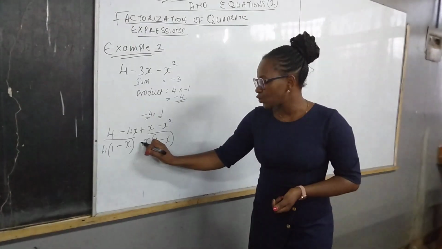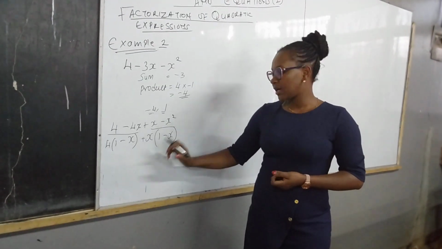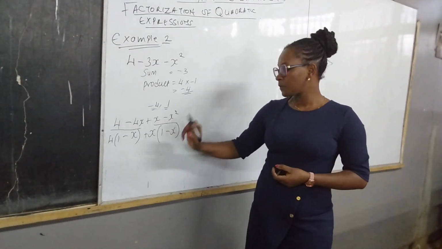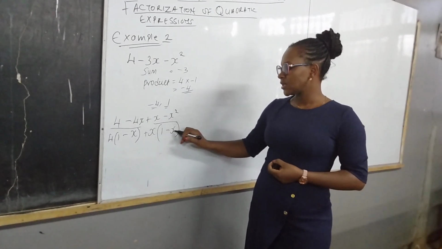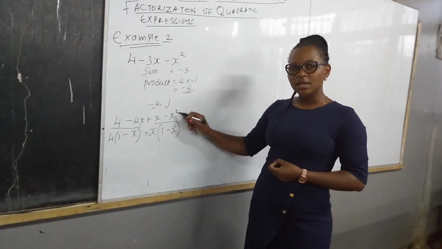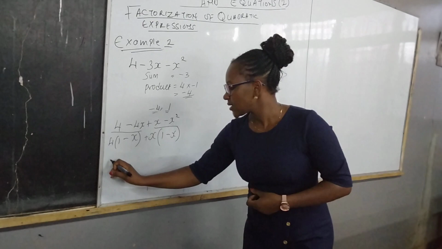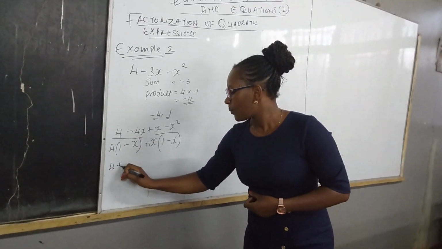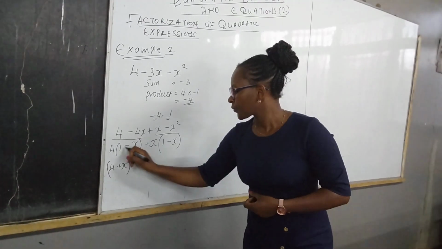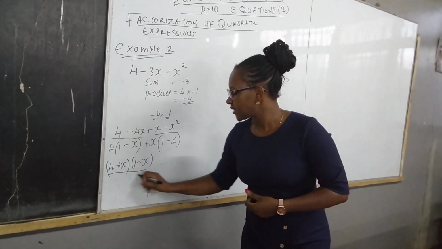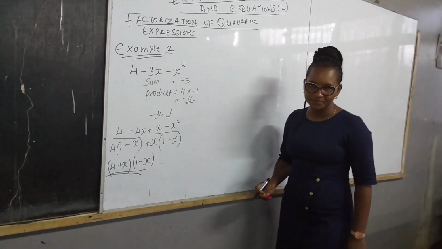And now here we are going to have plus, such that positive x times 1, we get positive x, and positive x times negative x, we get negative x squared. So here we are going to write our expression as 4 plus x and 1 minus x. And that is our answer.